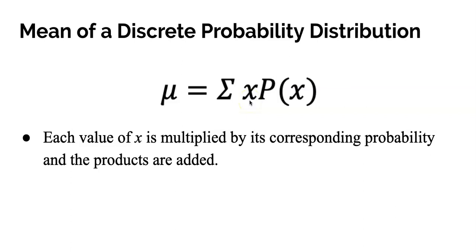We'll see this in a table. It's very simple. You're just going to multiply x by its probability and add them all up together. That's how you find the mean of a discrete probability distribution. Each value of x is multiplied by its corresponding probability, and the products are added.